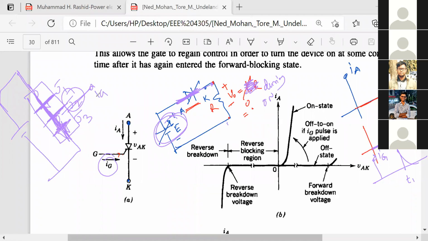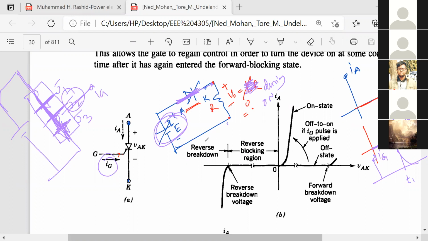Okay, I came back. Now, since this current will continue and it will never be turned off, you have to make it turn off, right? How can you turn off? How do you want to make this current zero? So we will have to apply reverse bias. Yes.